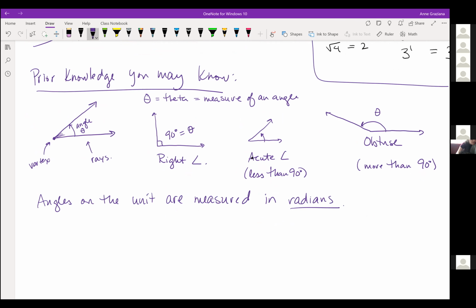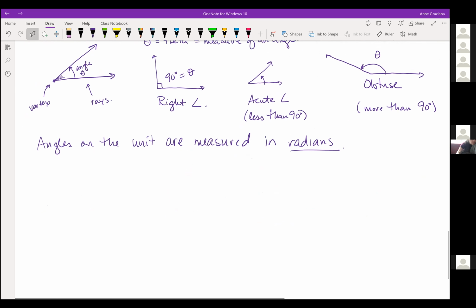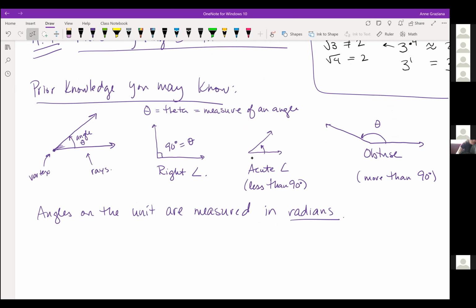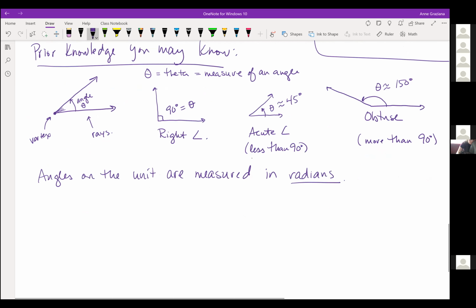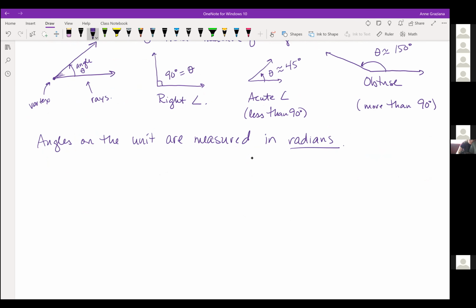So the ones I have up here are degrees. So we could say this is approximately 150 degrees. This one, theta, is approximately, I don't know, 45 degrees. So you measure angles in degrees, but in calculus, they're really measured in radians. So let's look at what that means on the unit circle.